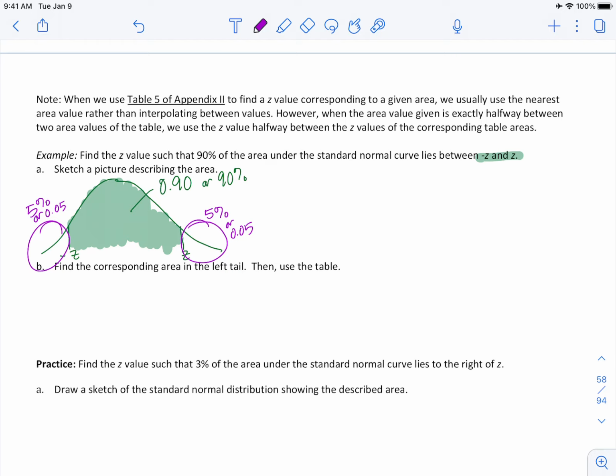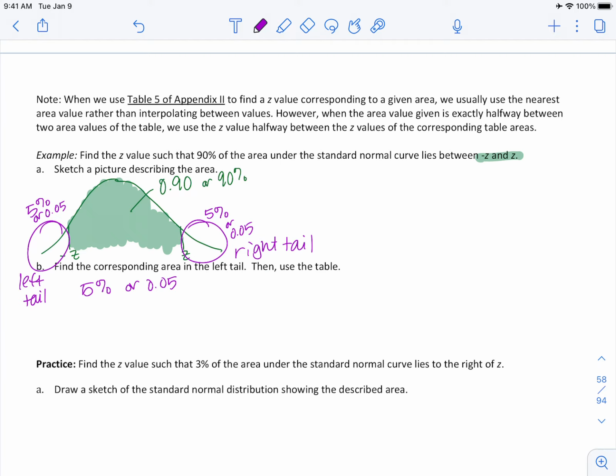Okay, so it says find the corresponding area in the left tail and then use the table, or we can use the calculator. So this is the left tail. This one is the right tail. So if we do the left tail, again, we're going to be looking at the 5% or 0.05.